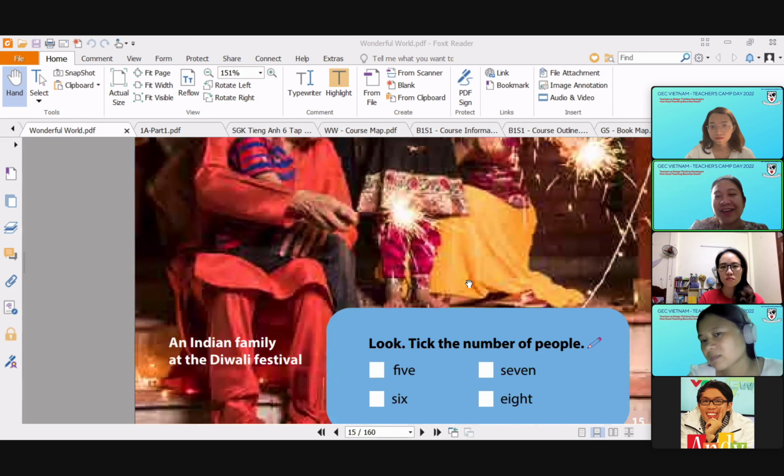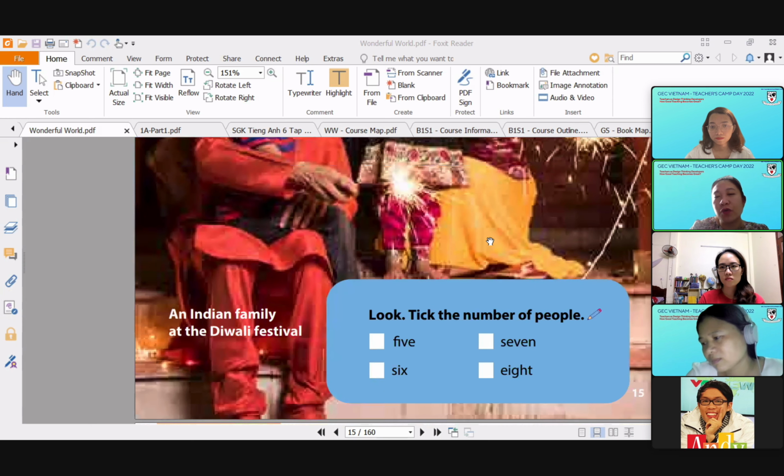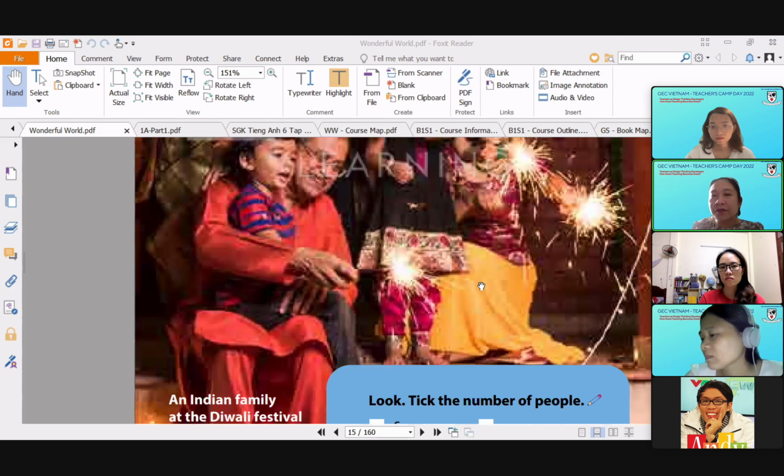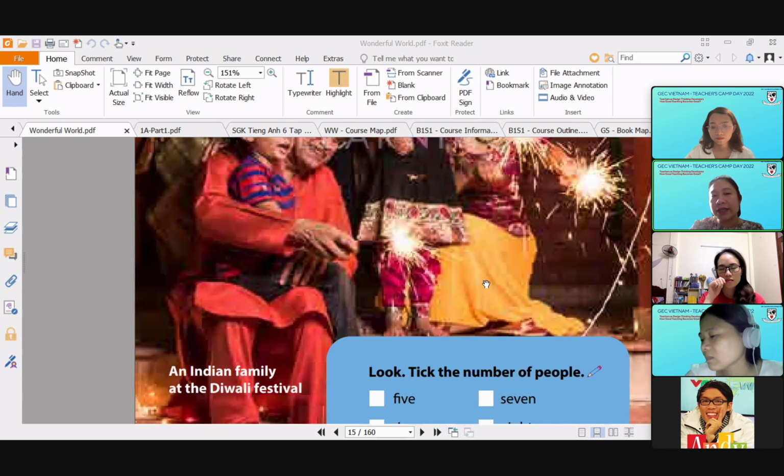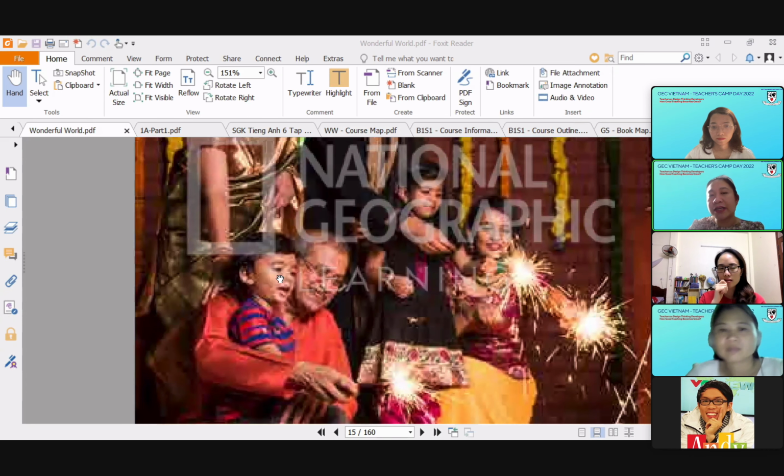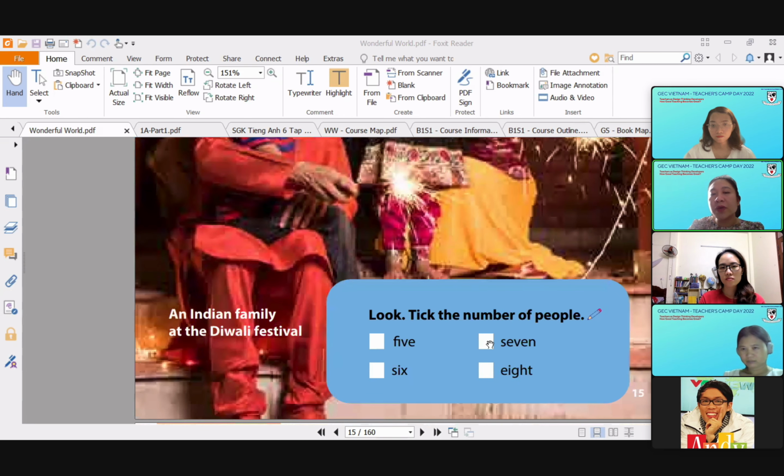Yes. Okay, that is just activating the prior knowledge of students, and checking whether they are able to identify the number and put it in the right word. If they know 1, 2, 3, 4, 5, they can count the number of people in the picture, but if they don't recognize the word here, they might put 7 or 8, right?